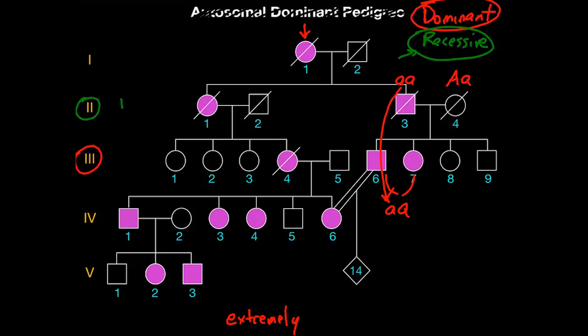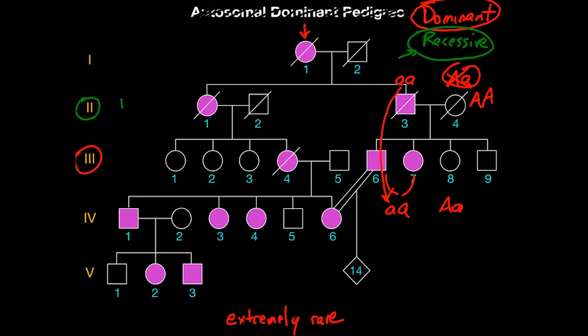But under the extremely rare rule, she can't be a carrier, right? Because it's so rare that someone coming from the outside is carrying the little a here. So that means she has to be big A, big A. And under that scenario, all of the offspring of these individuals would be big A, little a, and none of them would be affected.